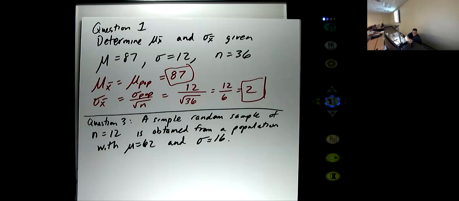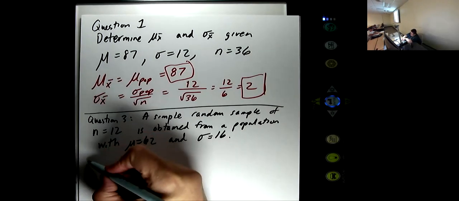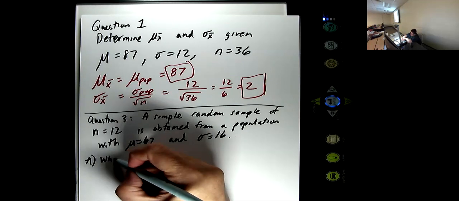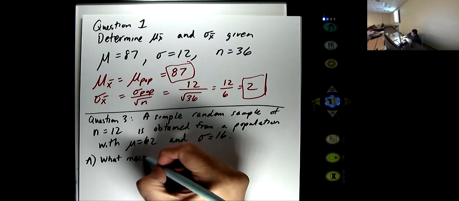And then the first thing it asks is, what must be true to use a normal probability model?